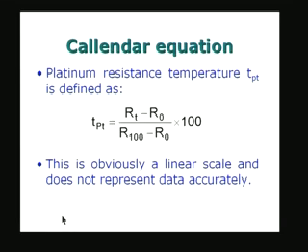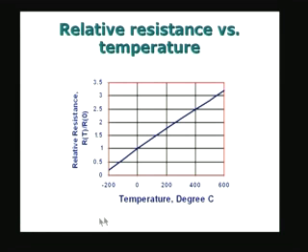And what I will do now is to slightly digress, and if you go back to the response, relative resistance to temperature, if you look at this curve, it is almost a straight line, but really not, there is slight non-linearity. So, what we would like to do is to see how to take care of this non-linearity, okay?